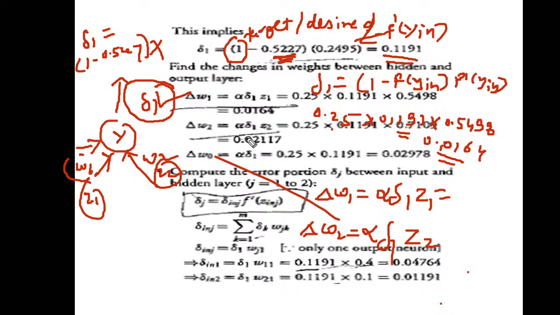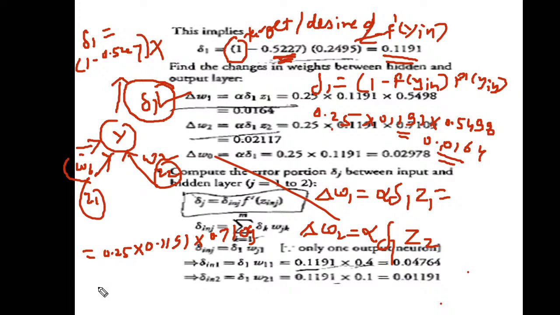Similarly, delta W2 is alpha delta 1 Z2, so 0.25 multiplied by delta 1, which is 0.1191, multiplied by 0.7109.